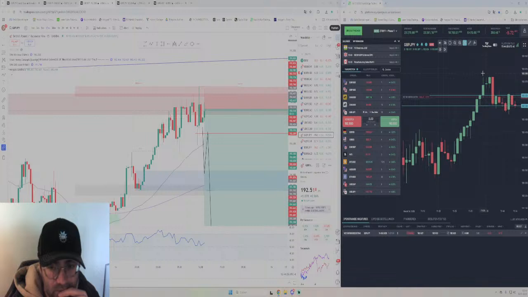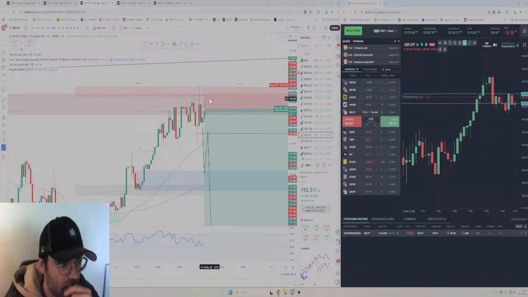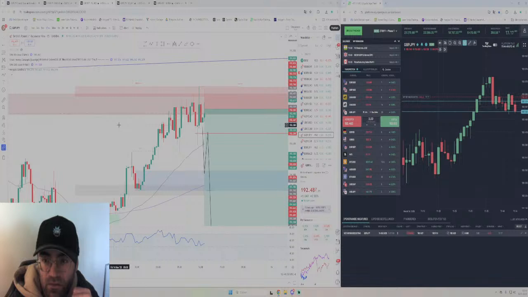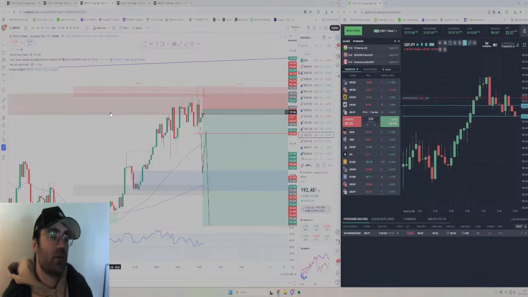Or not. 30 seconds. I think we'll either try to create a doji or try to close above, but it looks like they don't want to create anything. No. Oh, okay. That's weird.